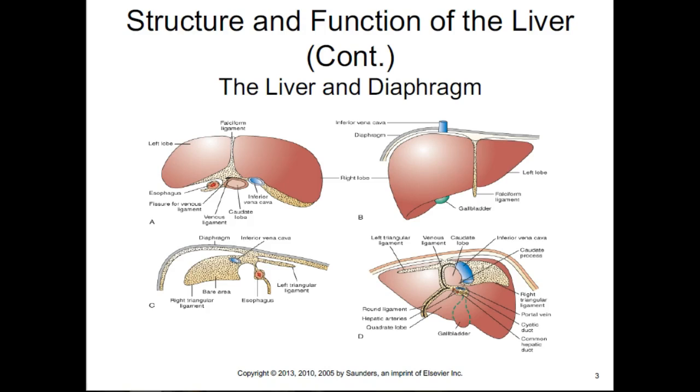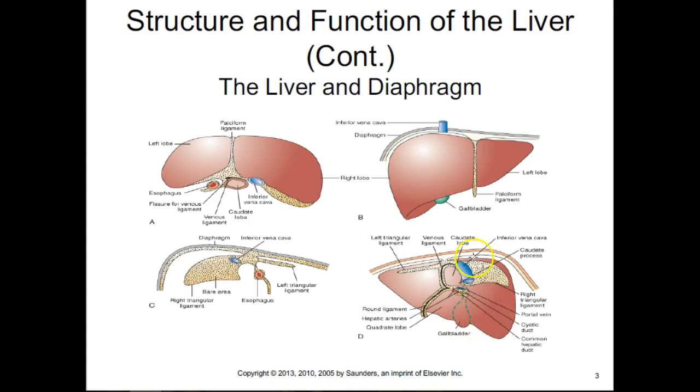Right, so here you go. These are some of them. You have the falciform ligament. You have the caudate lobe, which is one of the smaller lobes. The quadrate lobe is the other smaller lobe, probably on the underside of your picture somewhere. The gallbladder is on the underside of your liver, on the inferior aspect.